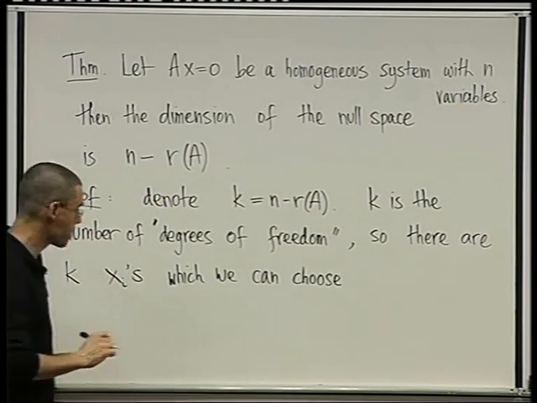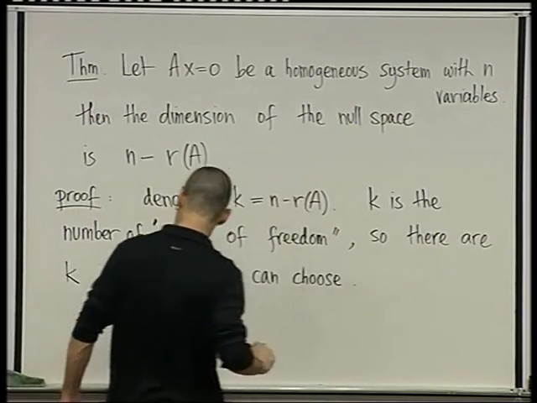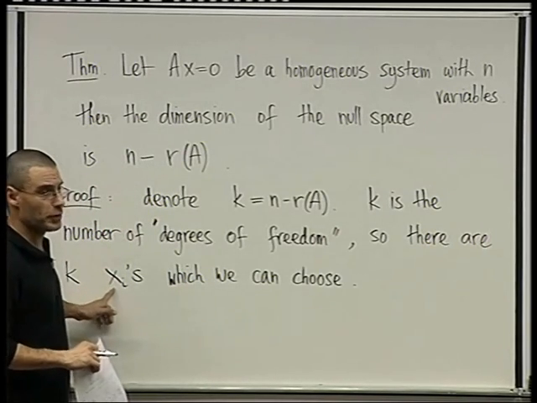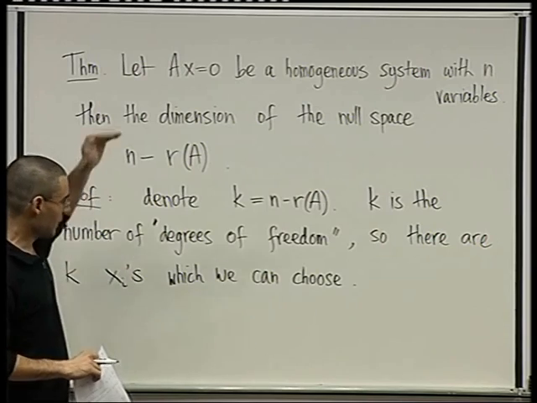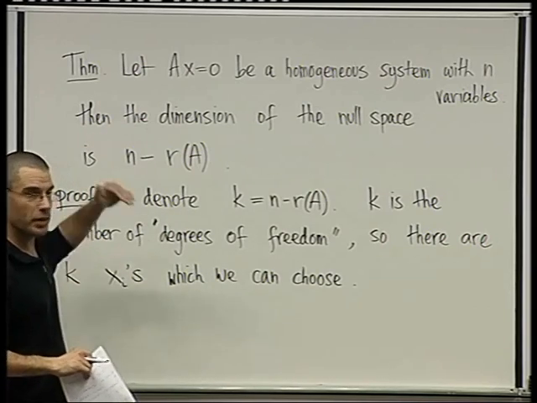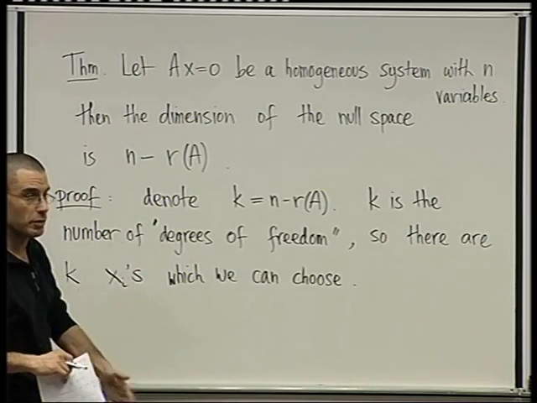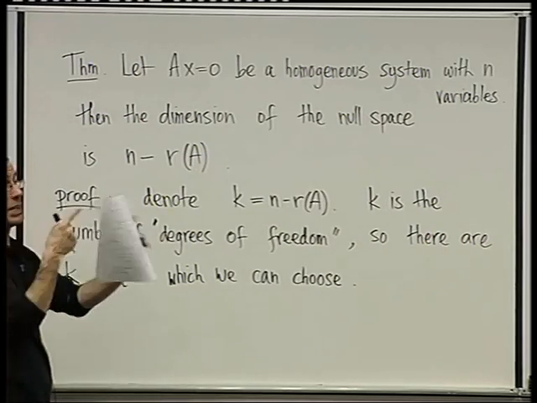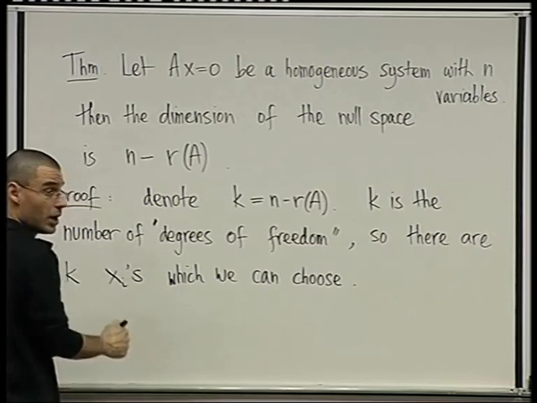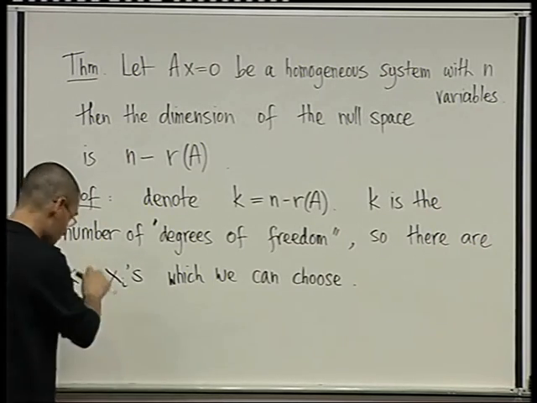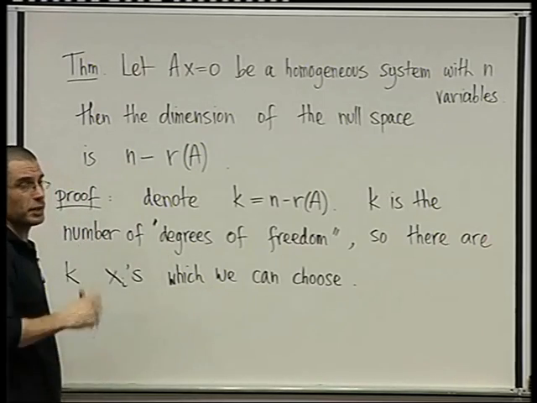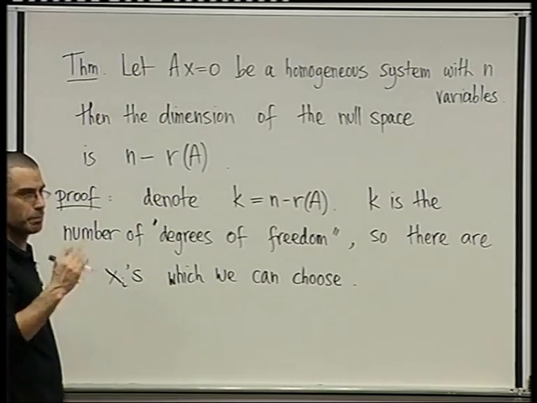We don't know that they're the first ones. We don't know that they're in fact x1 through xk. Maybe they're x2, x17, x135, and so on. But let's write them as the first ones. We can always rearrange the numbering on the variables in order to put first the ones that represent the degrees of freedom.